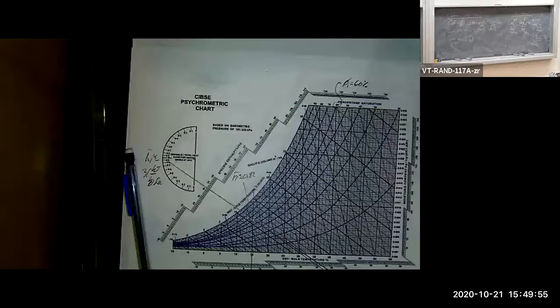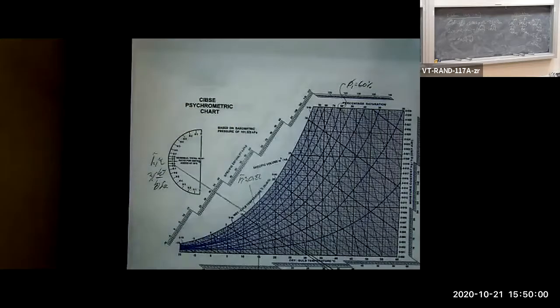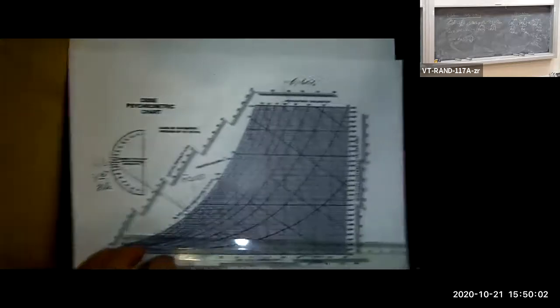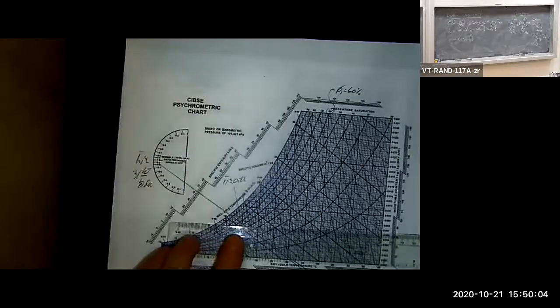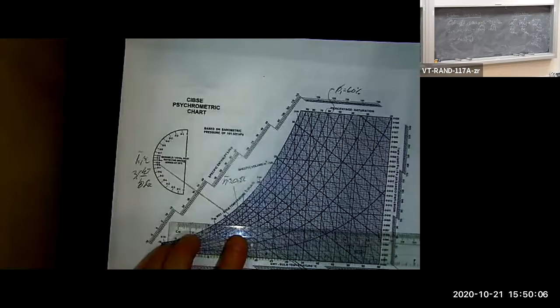Let's go back to the psychrometric chart. Okay, so we know our inlet state. There's our inlet state right there. Make sure I am horizontal, sorry about that.